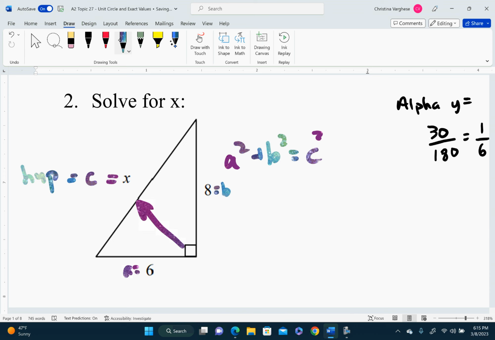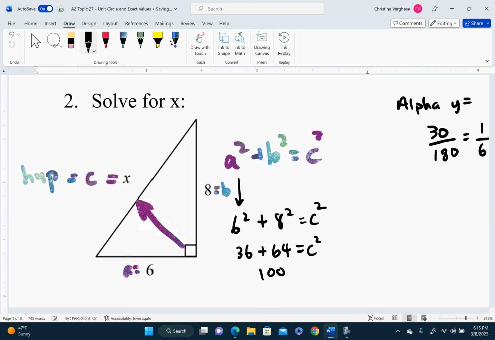So let's go ahead and plug this in. Our A is 6, so I'm going to go 6 squared plus our B, which is 8 squared, is equal to C squared, and I'm looking for what C is, aka X. So 6 squared is 36, and 8 squared is 64, is equal to C squared. Again, do this on the calculator with me.